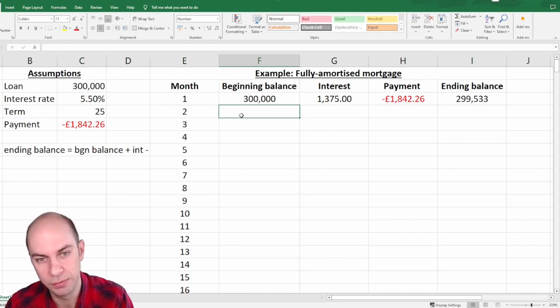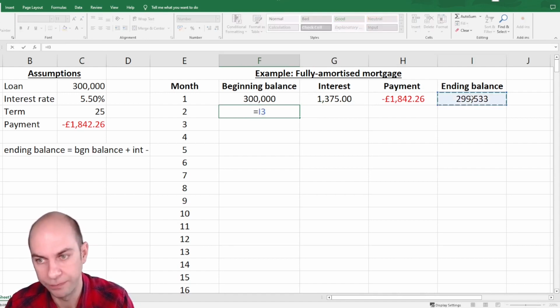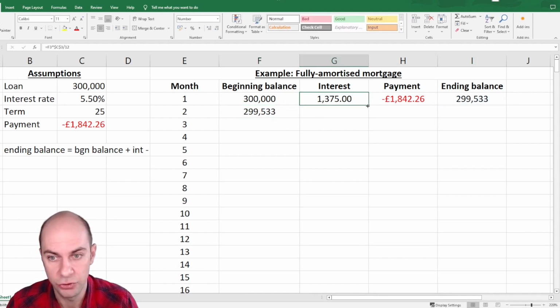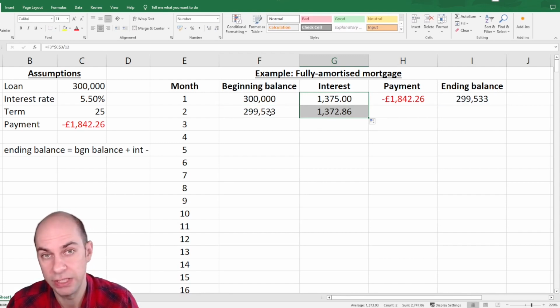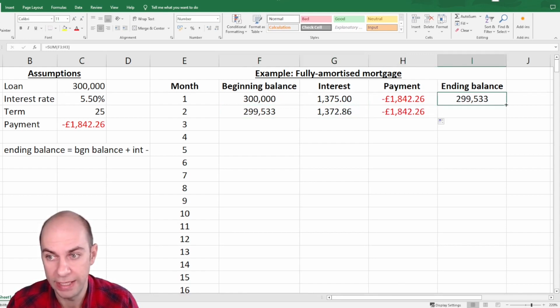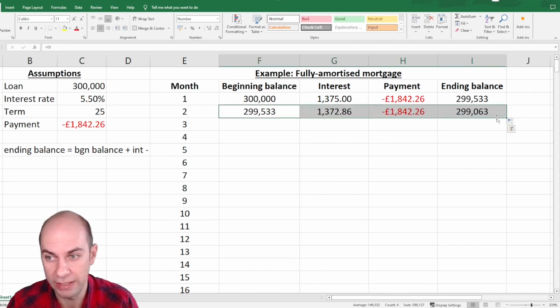So the beginning balance for month 2 will point to the ending balance for month 1. That's fine. The interest will just drag down. Notice how the interest has declined a little bit because the starting loan amount is now smaller. The payment shouldn't change, and the ending balance should decline a little bit again. So you can see here we're performing this correctly now.